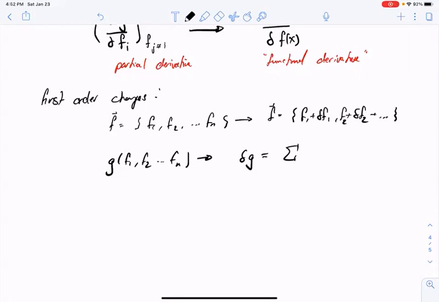Well, there's a number of different ways g can change depending on how many components of the vector there are. If there are n components to the vector, there are going to be n contributions to the first order change.